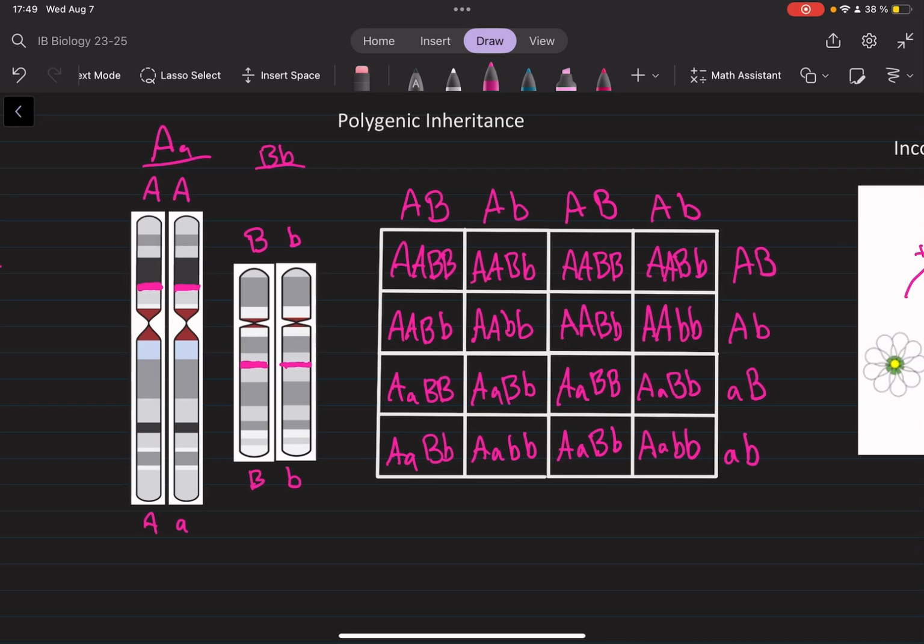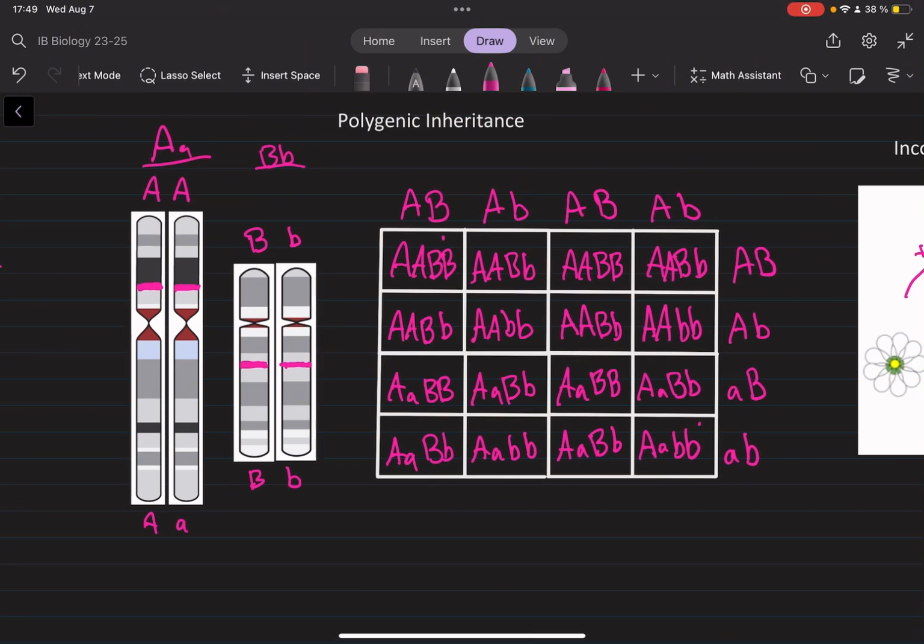As we can tell from this graph, there's a much wider range of what the traits of the offspring might have, and not only that, but also the range of the phenotype. So it goes from having both big A and big B, and then having only one of the genes be the dominant one.